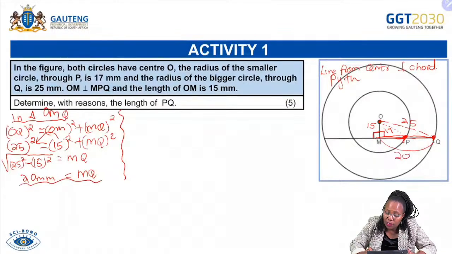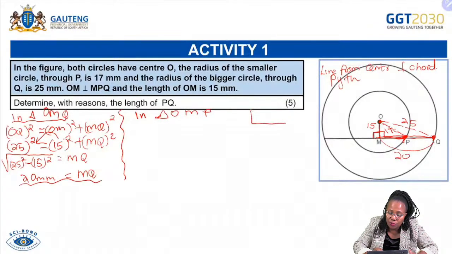And then now in the smaller triangle, OMP, you can even redraw those triangles if you feel confused when they are mixed up like that. You can extract the triangle, and then you have the hypotenuse 17, that is OP, in the smaller triangle, right?